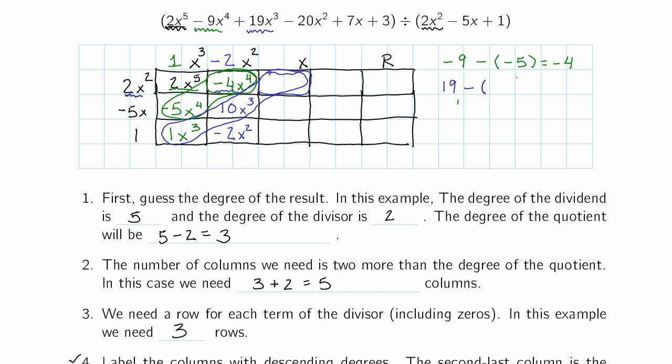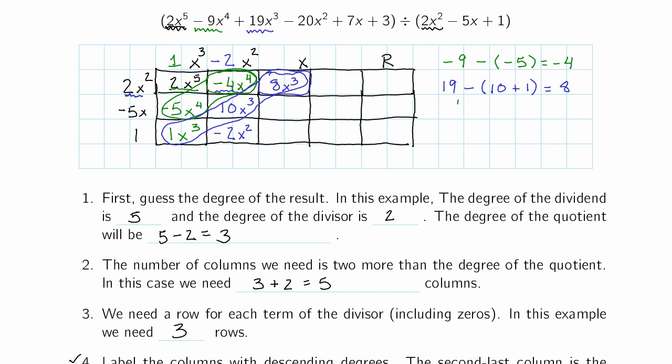I have two terms. I already have a 10 and also a 1. 19 minus 11, that's 8. So I need an additional 8x to the 3rd. Notice these now add up to 19x to the 3rd.